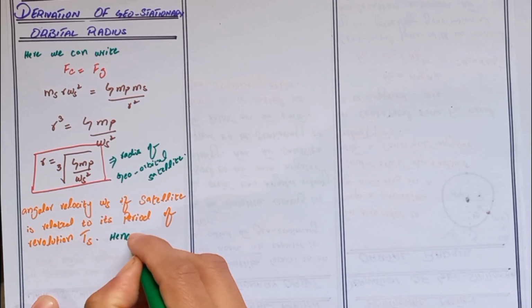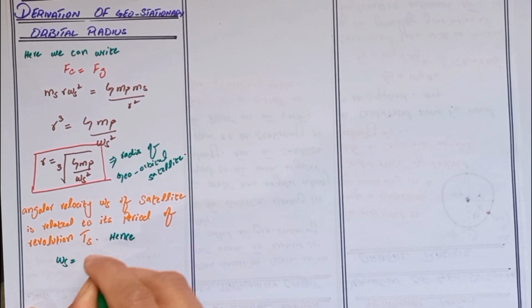Hence, we can write omega s is equal to 2 pi over Ts.